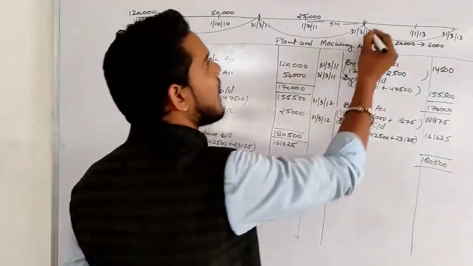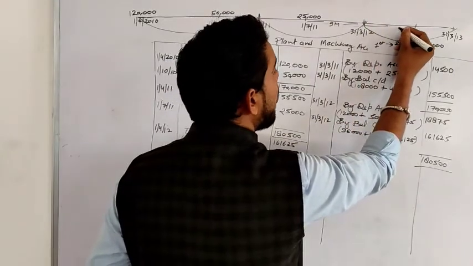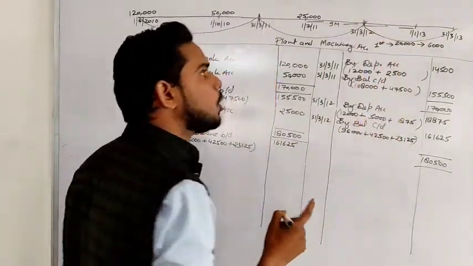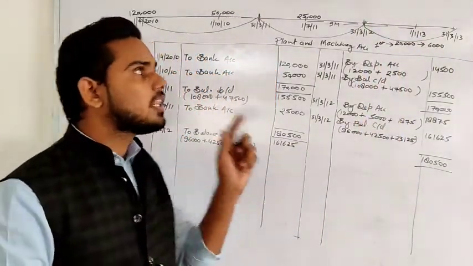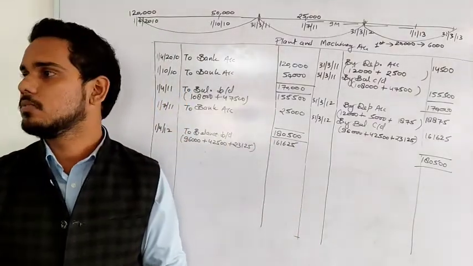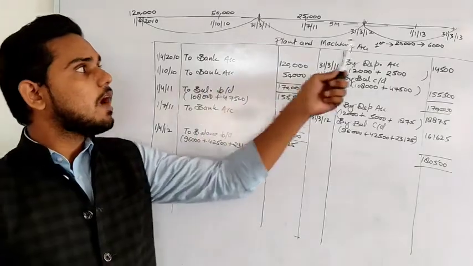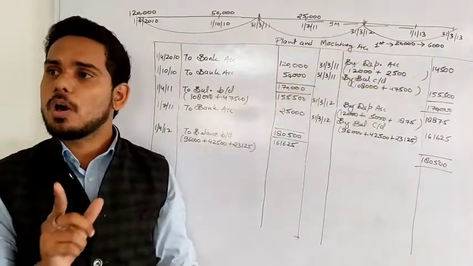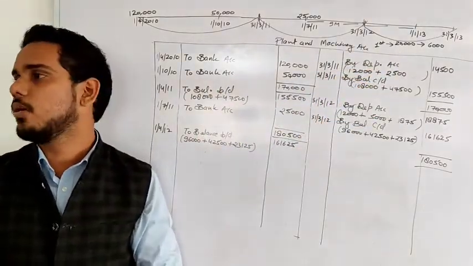Firstly, you will charge the depreciation on that machinery which you are selling, for that period for which you used that machinery in this year. We are selling a machinery which had an original cost of 20,000.